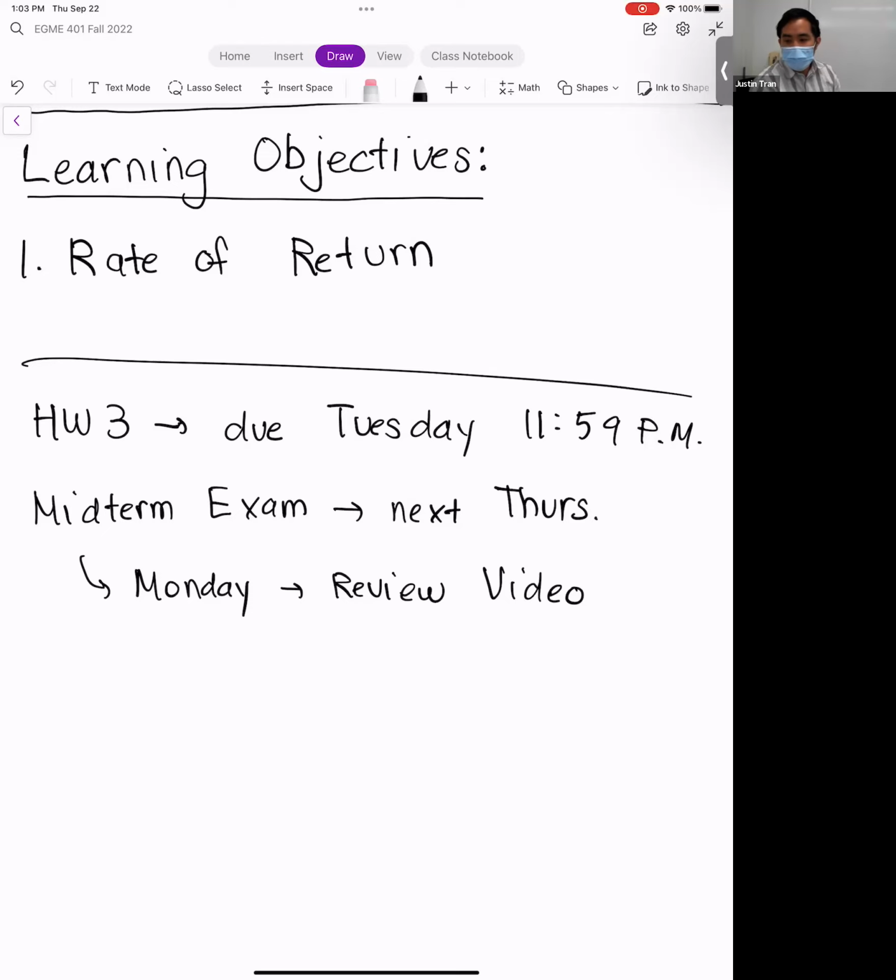Question: do I post step-by-step solutions of the homework? I do. I usually post the solutions right after I grade the homeworks. Homework 1 solutions should be online, and homework 2 solutions I'm hoping will be done by today. I know I said I would finish it yesterday, but some stuff came up. I should be able to grade homework 2 today, and the solutions will be up as soon as I finish grading.